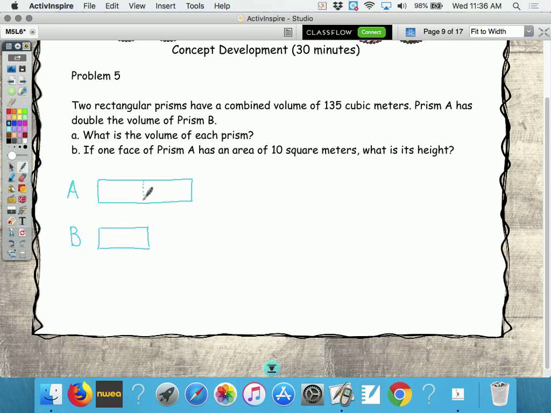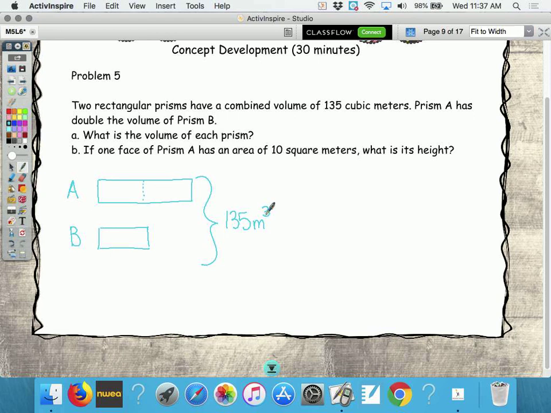Okay. And the total volume is 135 cubic meters. Okay. So we have to figure out the volume of each. Have we been given the total volume? Yes.